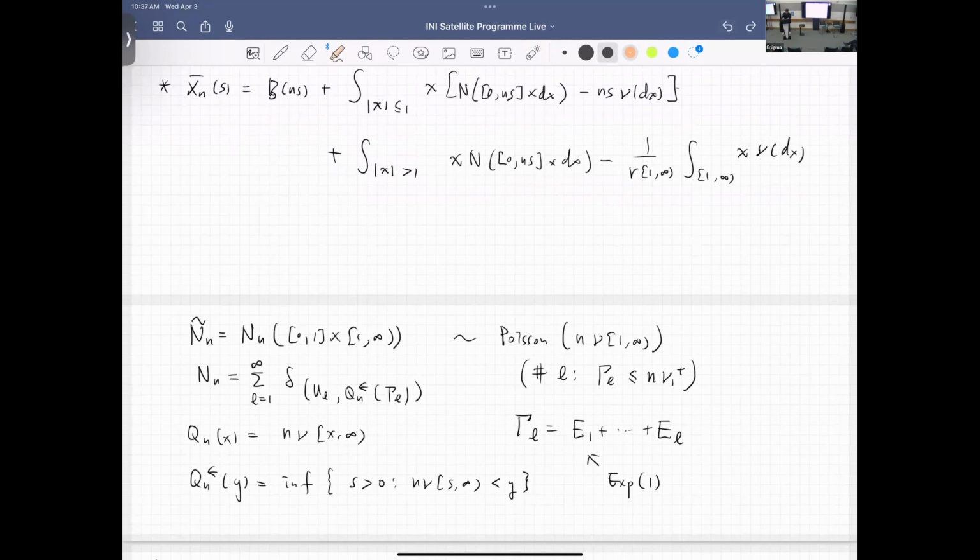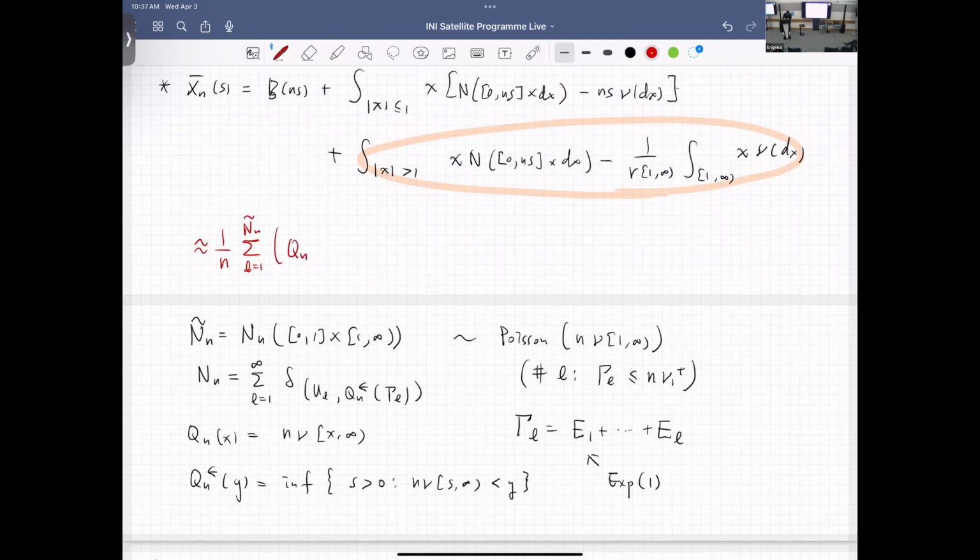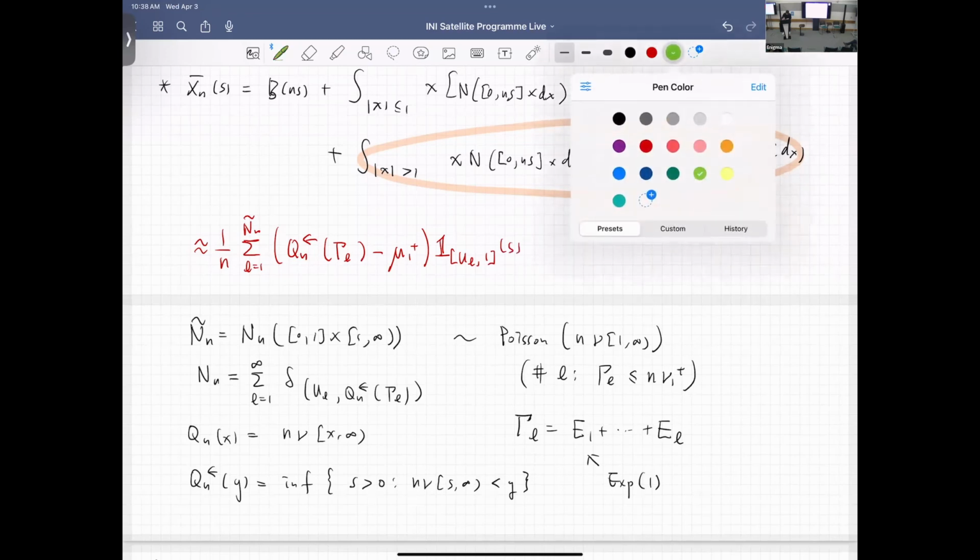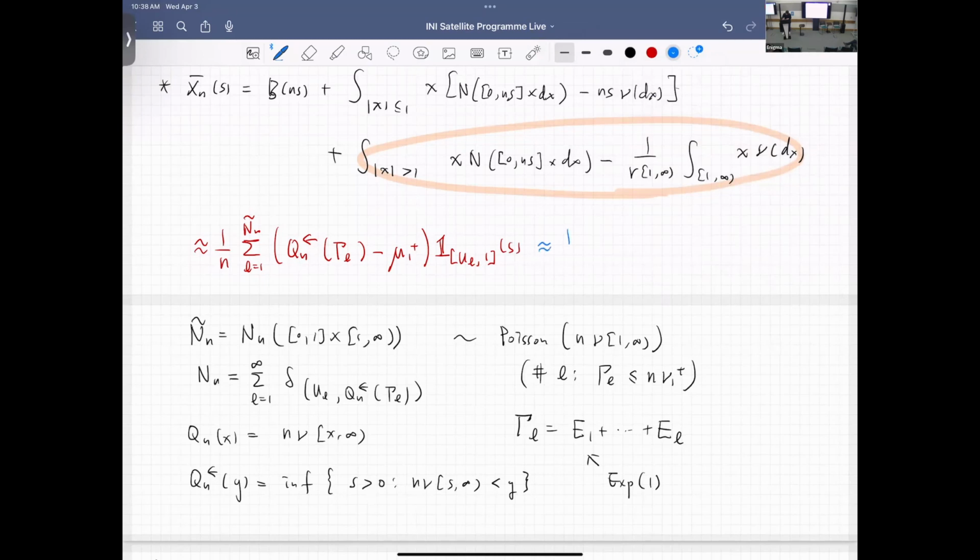So it turns out that this part is close to this, and which is in turn close to this.